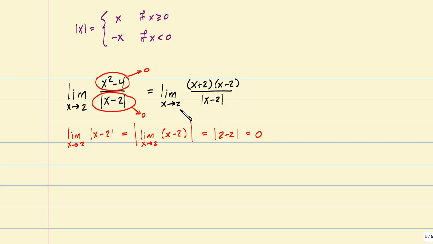It looks like this might be a good time to split this into two one-sided limits, namely the limit as x approaches 2 from the left of that mess, x plus 2 times x minus 2 over the absolute value of x minus 2, and the limit as x approaches 2 from the right of the same expression.